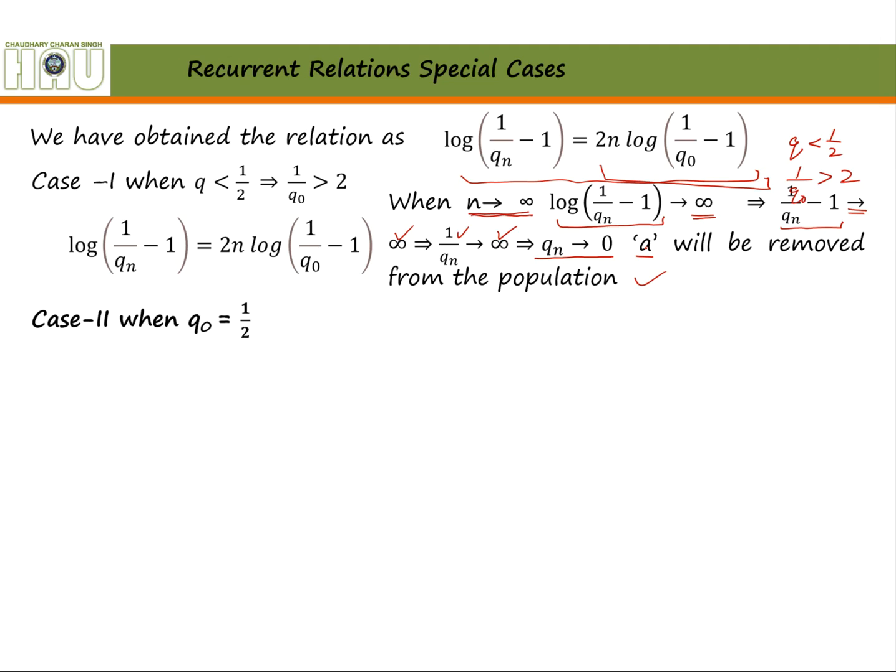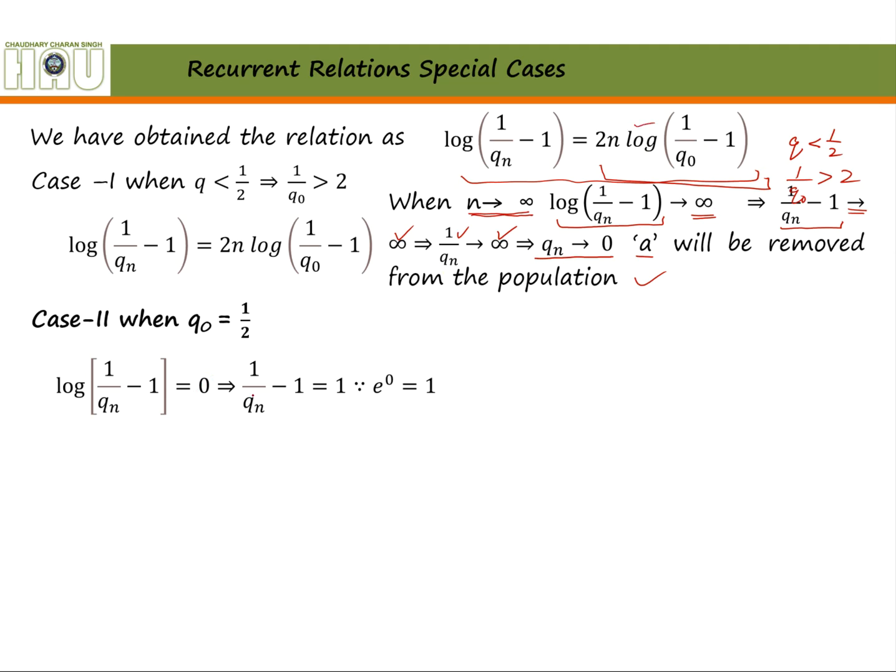Case 2, when q is exactly half. In this case, what happens? Now, log of (1/q0 − 1) will be 0, when q0 is equal to half, because 1/q0 is 2, so it becomes 2 minus 1, which is 1, and the log of 1 will be 0.